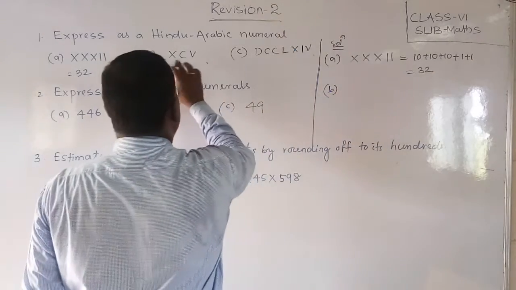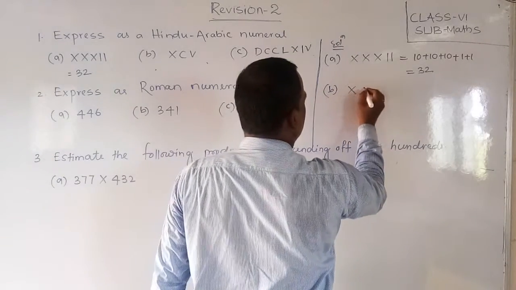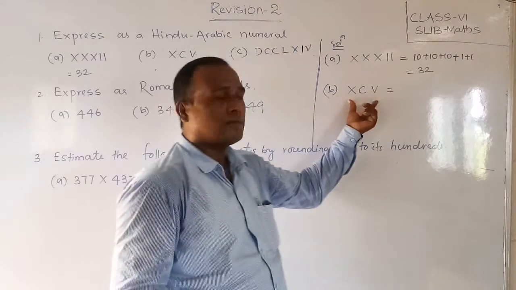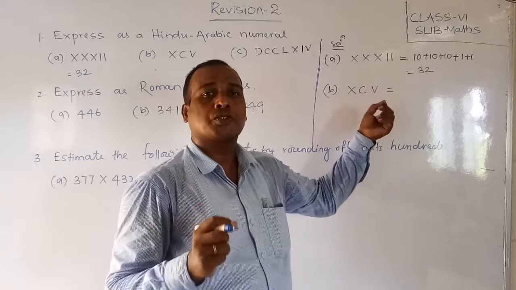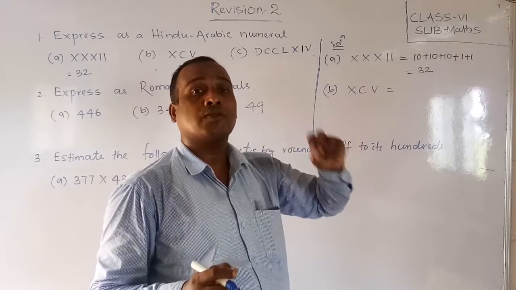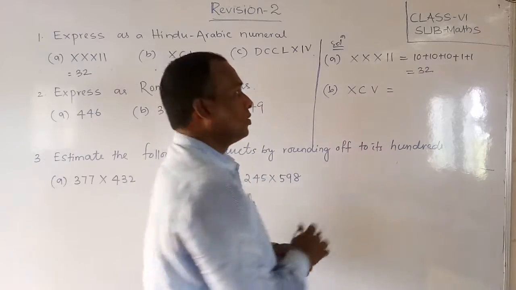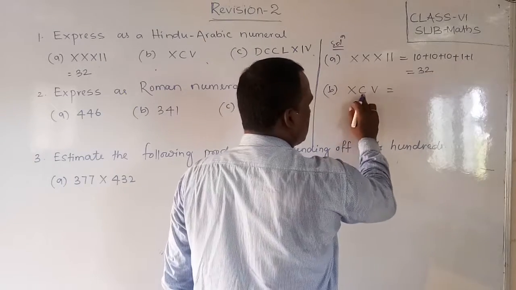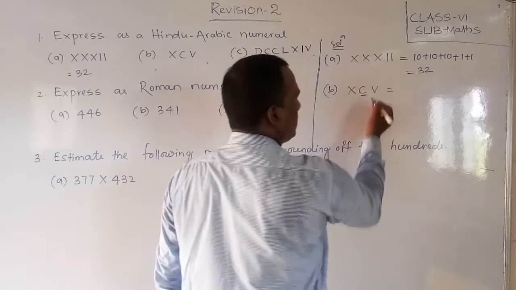Second one. Observe XCV. Students, whenever a Roman number is given to you, first choose which one is the largest number among them. If 3 numbers are there, this is 10, this is 100, this is 5. So 100 is big.